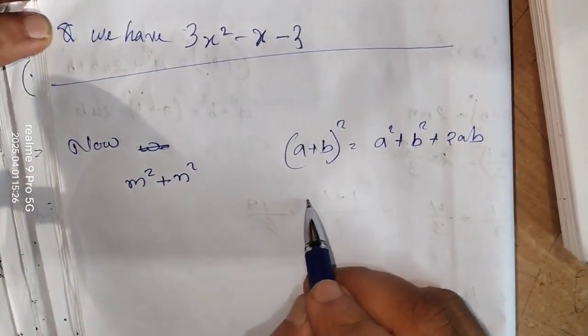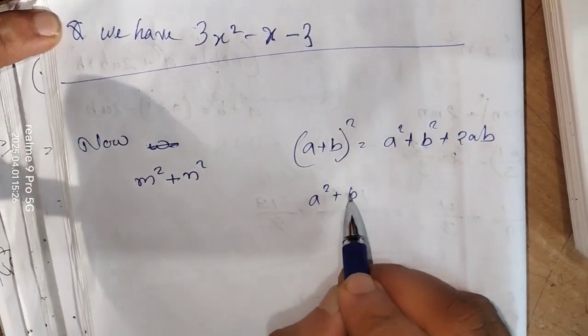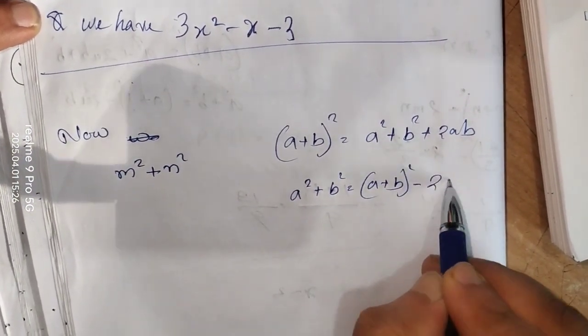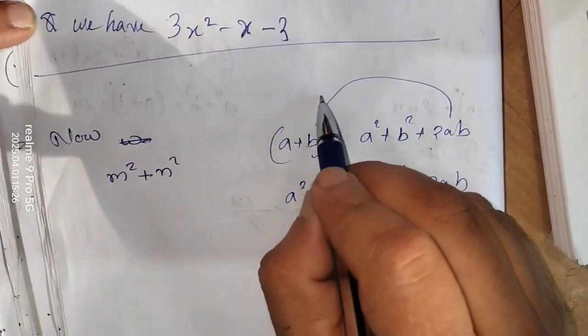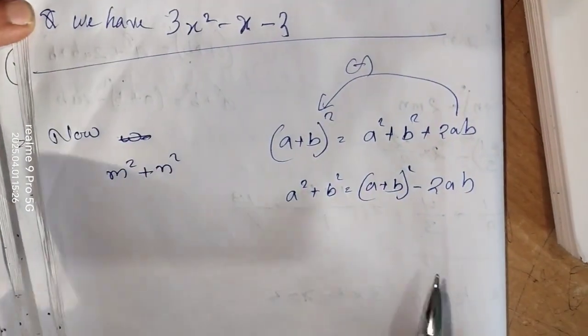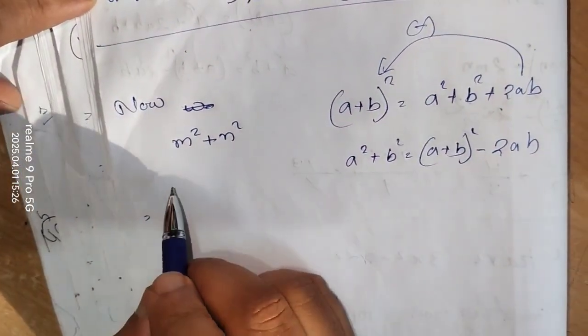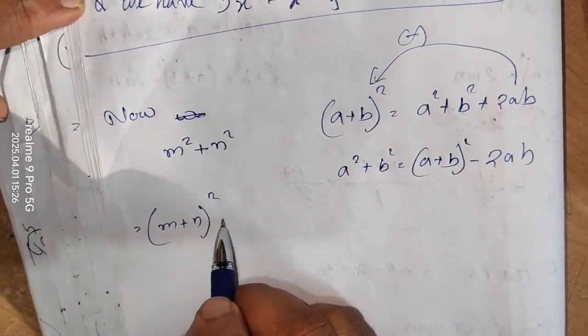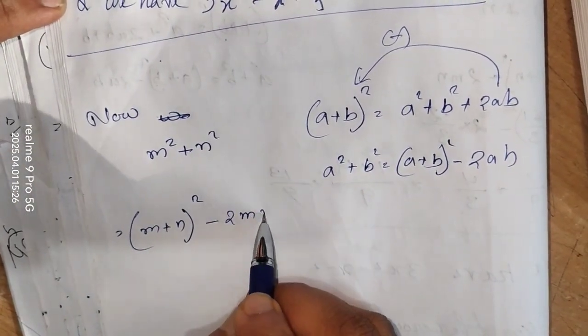So a square plus b square is a plus b whole square minus twice ab. Similarly, m square plus n square is equal to m plus n whole square minus twice mn.